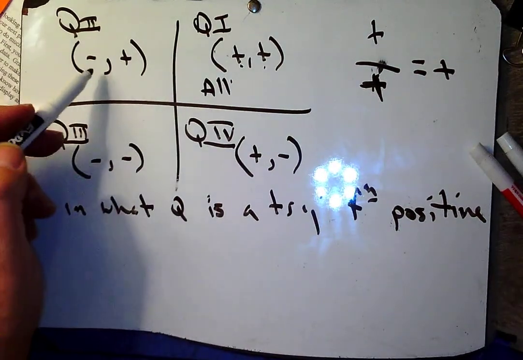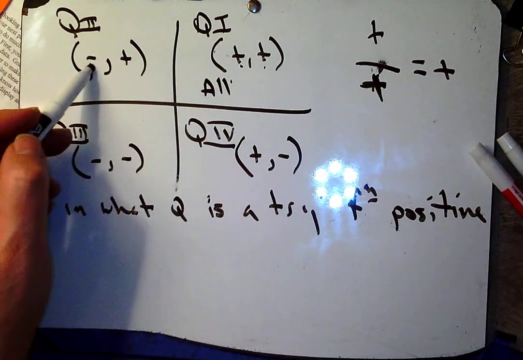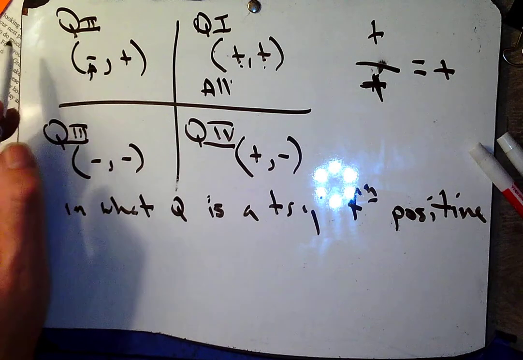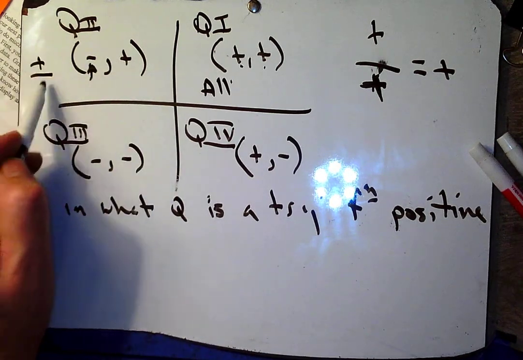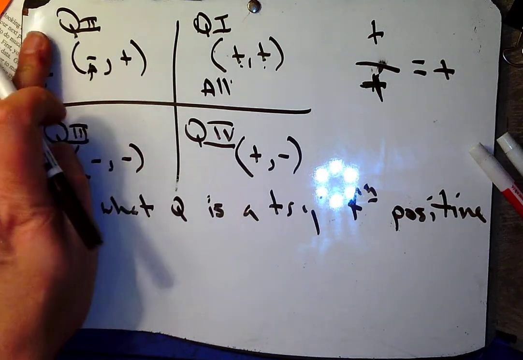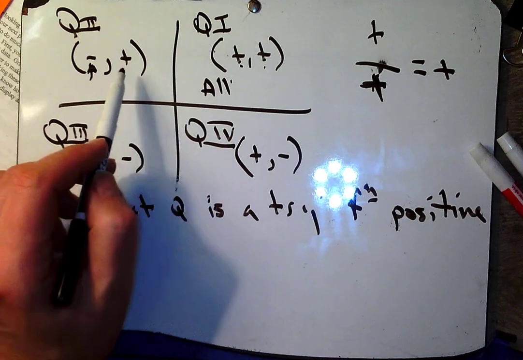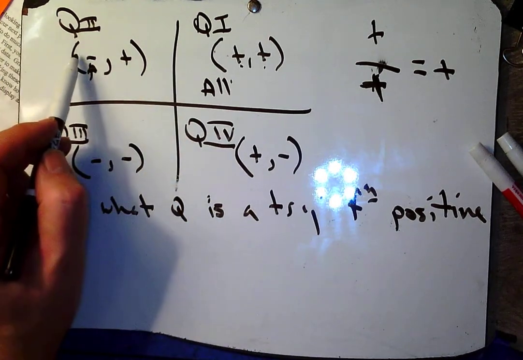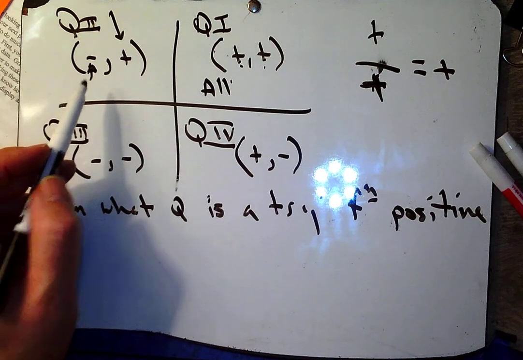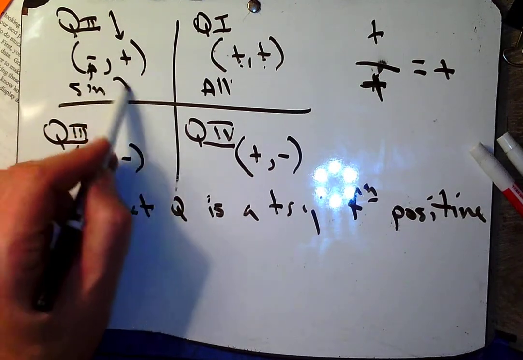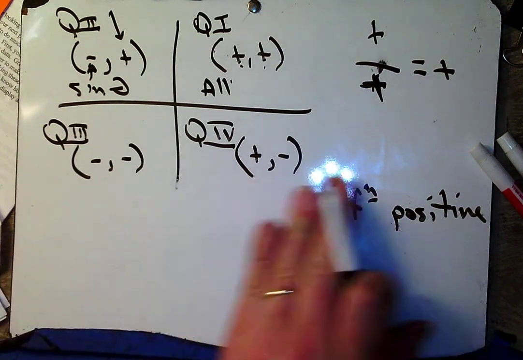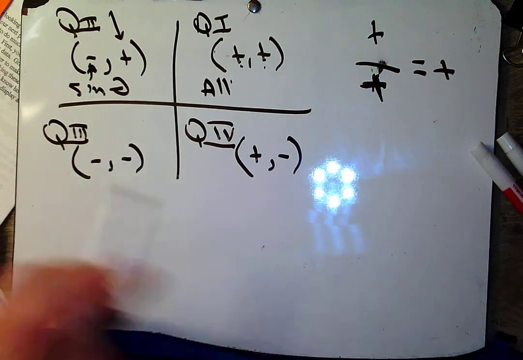But over here in second quadrant, the x value is negative, and therefore cosine is going to be negative here. And since tangent is the y value over the x value, positive divided by negative, no, that's not positive. So tangent isn't positive, cosine isn't positive, but because the y value is positive, we know that sine will be positive in second quadrant. What about third quadrant? Who's positive there?